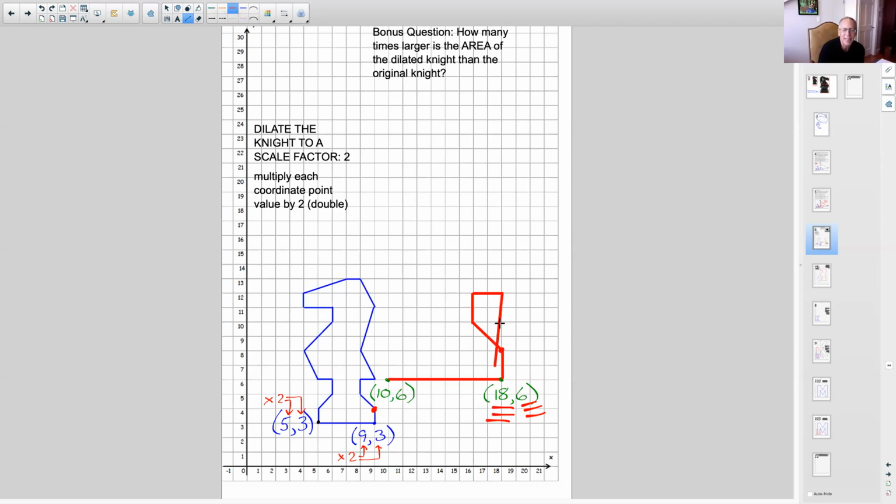Say it, 16, 16. Everybody go to 16, 16. Oh my God, that's so awesome. It's getting bigger and bigger and bigger. Okay, who's ready to go to the next point?